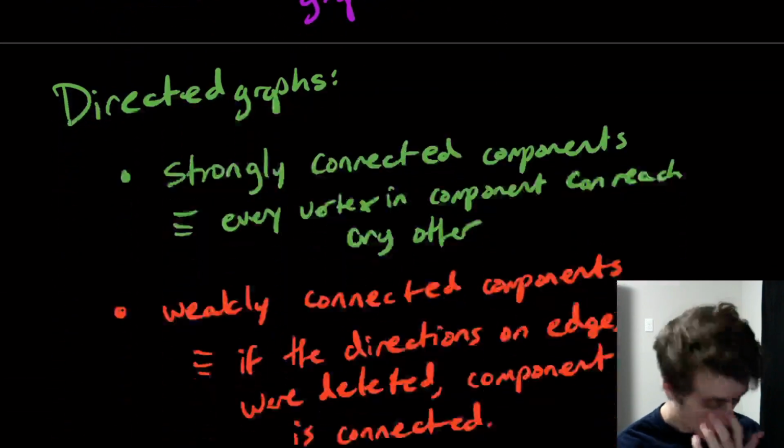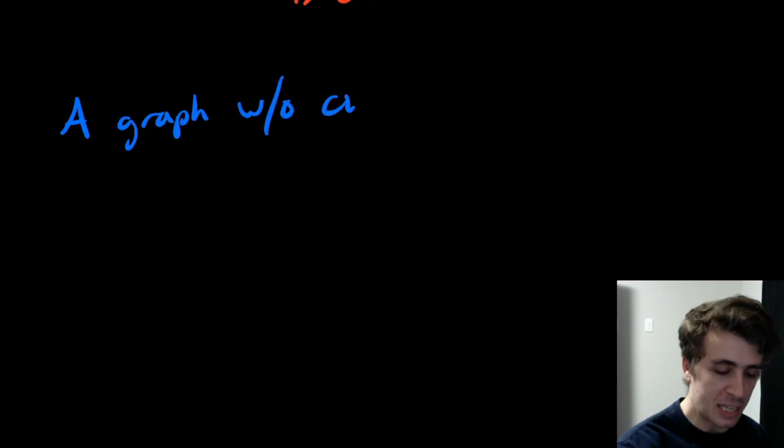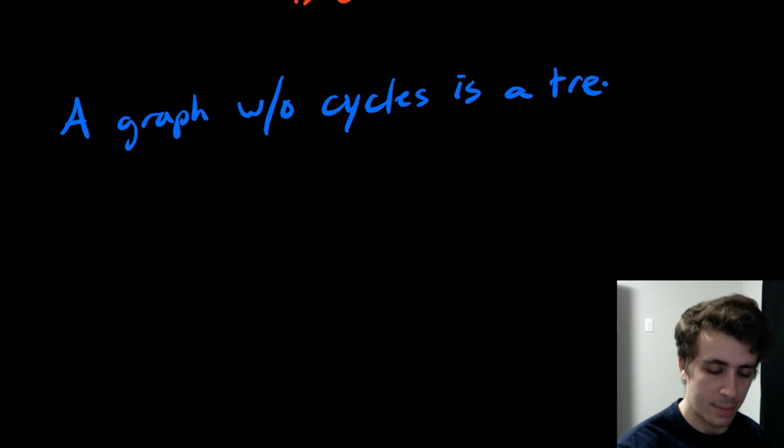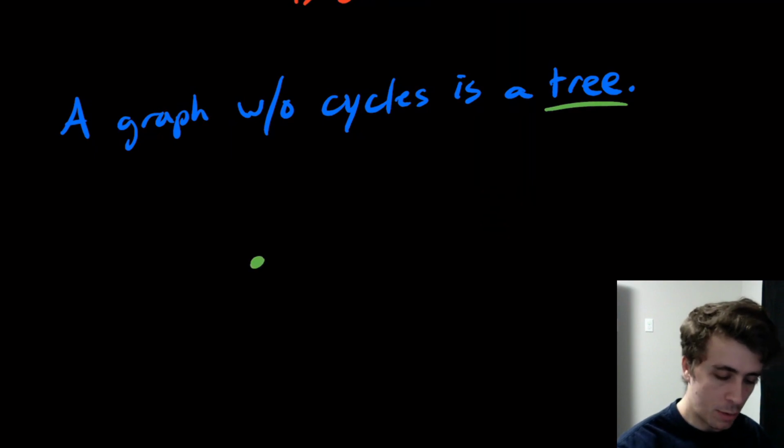Okay, so some more definitions. What if we have something that isn't a cycle? So a graph without cycles is a tree. Okay, so that's the term. So a tree kind of looks like this. This is just an example.